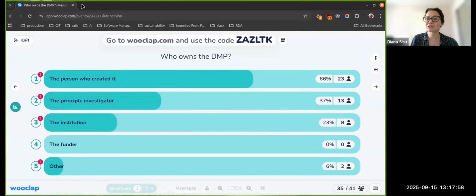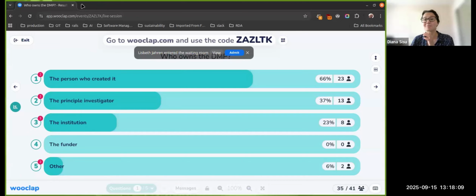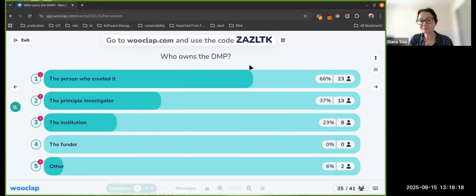There may be sensitive information discussed within the DMP regarding type of data or metadata or the storage ID platforms used. So apologies, excuse me, for my voice. So Danny seems to suggest that perhaps the customer, i.e. the institution, should hold ownership of the plan. Whereas currently, Andrea, we can explain the situation: the way DMP Online's data structures are formed, until recently, it is the user that is the owner.